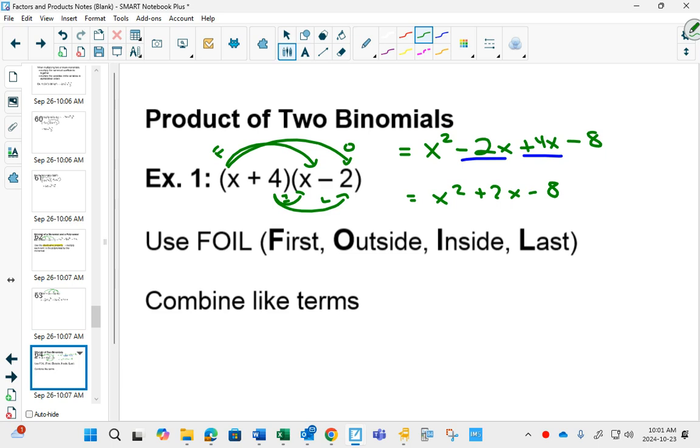And after the factoring that you've done, you should be getting really, really good at FOILing, because every time you factor, you should double check your answer to see if you're right. So we multiply and distribute all of the numbers.